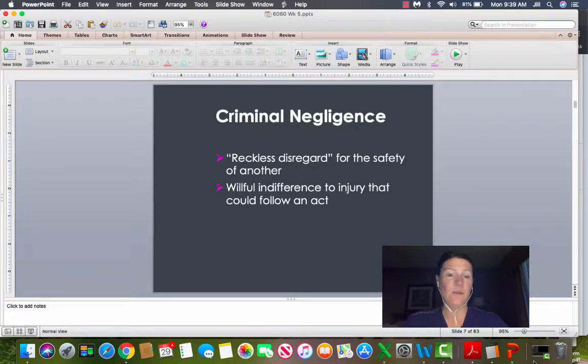That there was a reckless disregard, which often happens in a malpractice case, but that there was complete indifference on the part of the person that committed the negligent act or omitted the negligent act to any injury that followed that. That could raise it to the level of criminal negligence, and therefore the person involved that committed the act or omitted the act could be tried as a criminal.